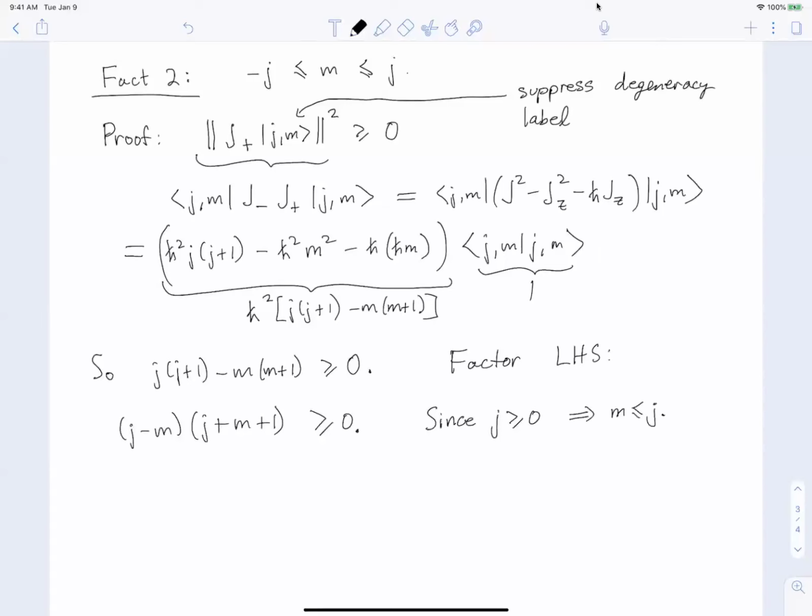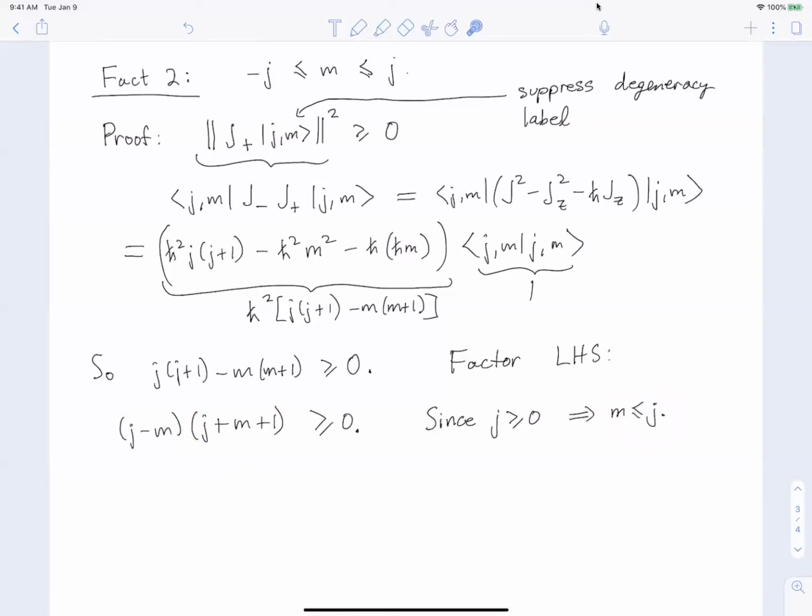To see that that's true, suppose m was greater than j. If m was greater than j and j was greater than 0, then this part would be positive. But then if m is greater than j, that tells us this part's negative. So we would have a negative number times a positive number supposedly greater than or equal to 0, and that would be a contradiction. Okay, so we have learned that m has to be less than or equal to j.